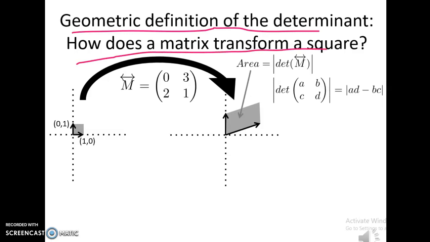Area is equal to the mod of the determinant of the matrix. So the determinant of the matrix with elements A, B, C, D is cross multiplication: AD minus BC, mod. That's why.